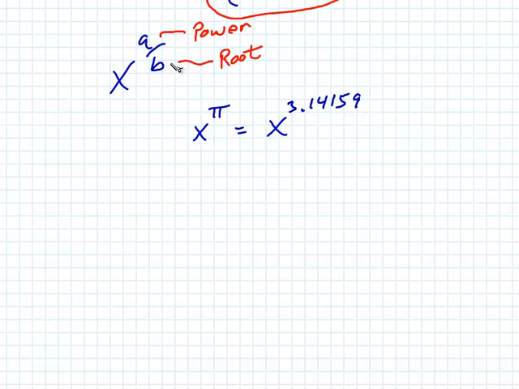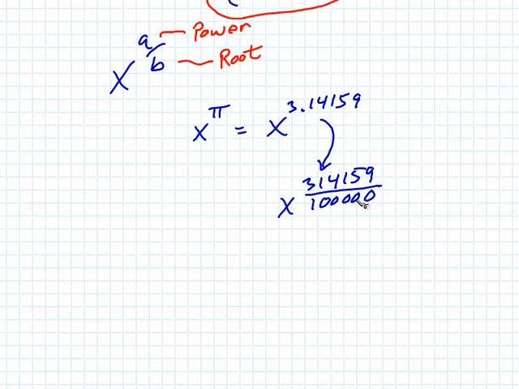So rational numbers can be used to approximate any real number to any degree of precision. Notice that this rational number can be rewritten as the ratio of two integers. This is the same as x to the 314,159 over 100,000, which has 5 zeros.